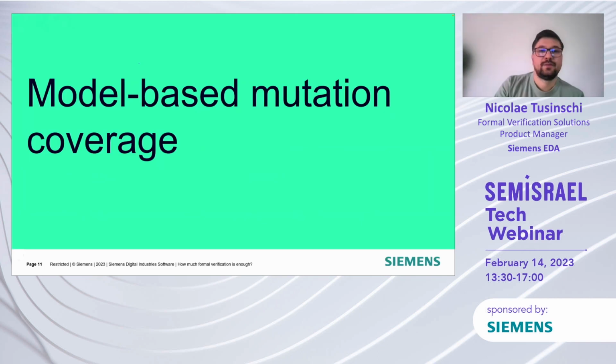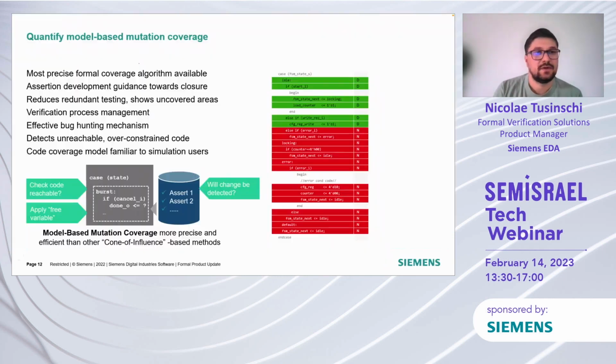How do we address it? We can address it with model-based mutation coverage. It's a methodology to assess how good the test bench is. In Siemens, we have the capability to address it with a quantified model-based mutation coverage, which is the most precise formal coverage algorithm available.